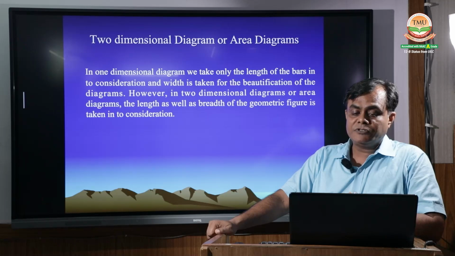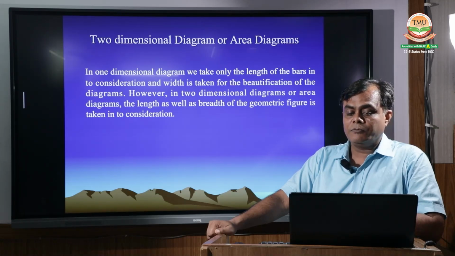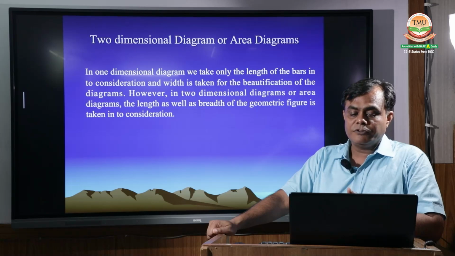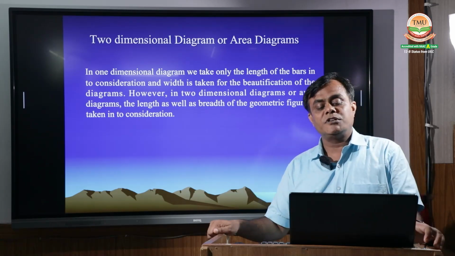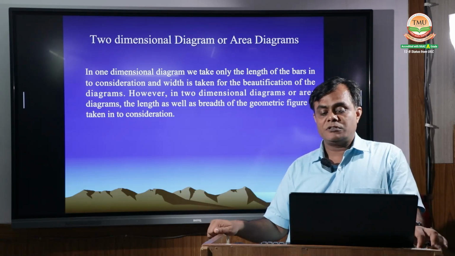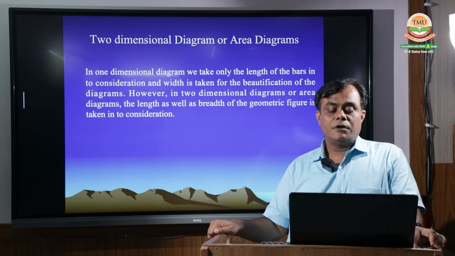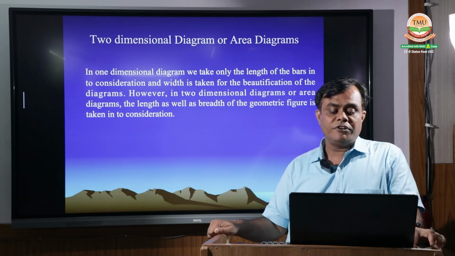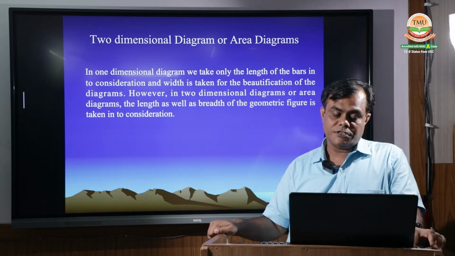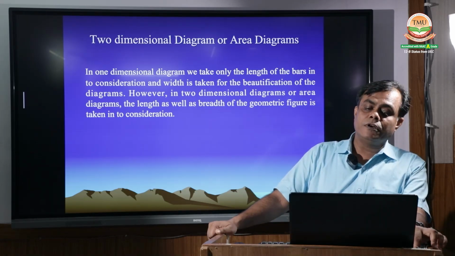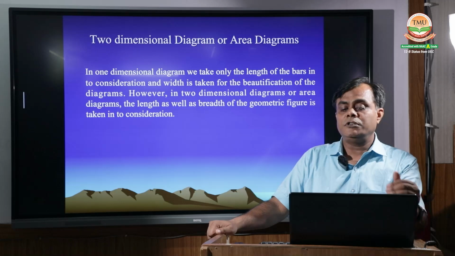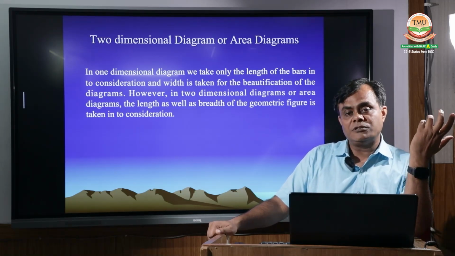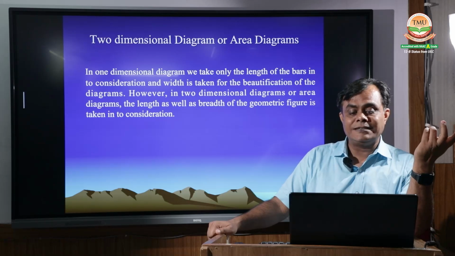So in the one-dimensional diagram we take only the length of the bar into consideration, which is taken for the beautification of the diagram. However, in the two-dimensional diagram or area diagram, the length as well as the breadth of the geometric figure is taken into consideration. In one-dimension data you can see that only one dimension is given, but when we use two-dimension data, there are at least two dimensions in that data.